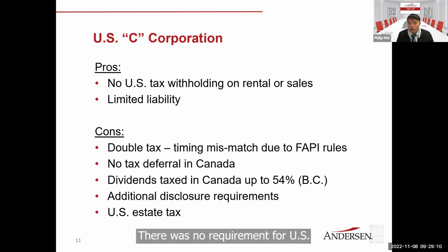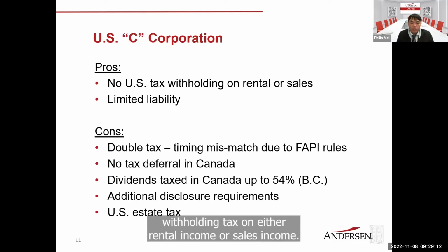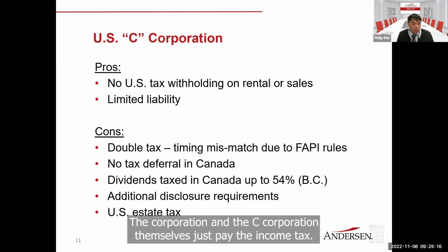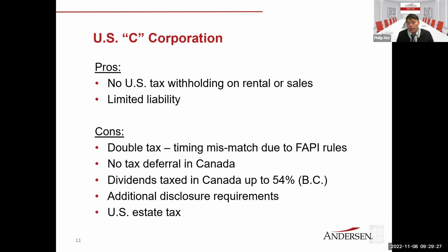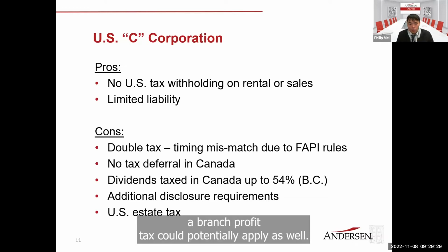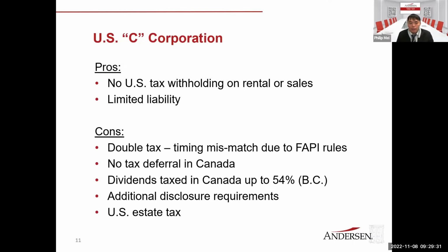There was no requirement for US withholding tax on either rental income or sales income. The C corporation itself just paid the income tax. And then whenever it distributed the after-tax earnings to the individual shareholder, either withholding tax would be applied or a branch profit tax could potentially apply as well.